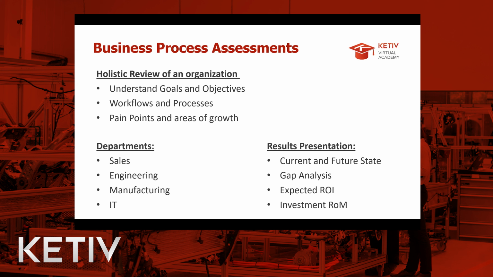Every group has them. I mean, we have them internally here. I know everybody out there has some pain points and things they'd like to improve upon. But even more than that, what's working really well? We'll sit down and meet with all of the departments. It could be sales, engineering, manufacturing, production control, IT, information technology. We want to sit down with all of these groups to really see how the place runs.